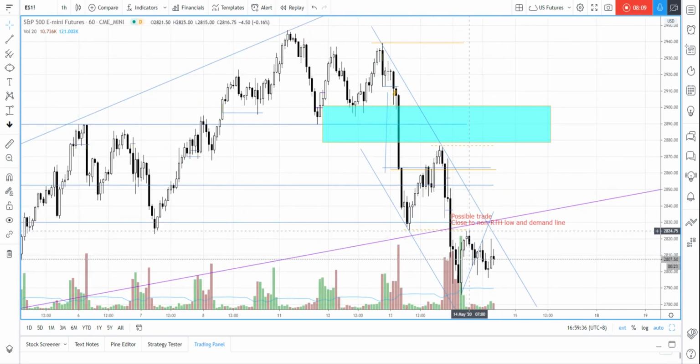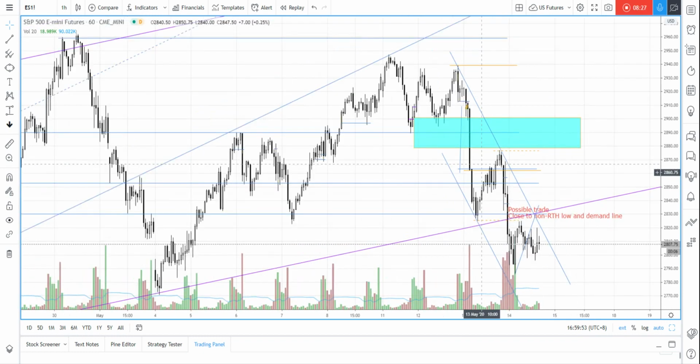During the Asian session, it had a test but did not manage to break above. So this is the axis line at the moment that I pay attention to, 2825, 2830. As long as it's still below this level, it's definitely still bearish.